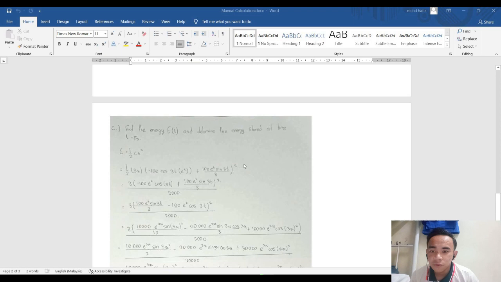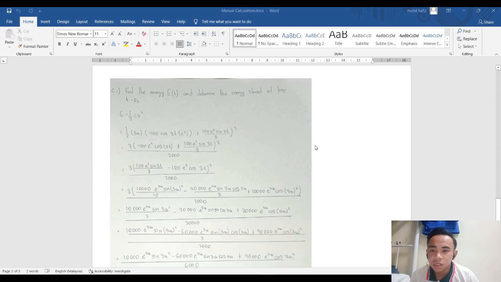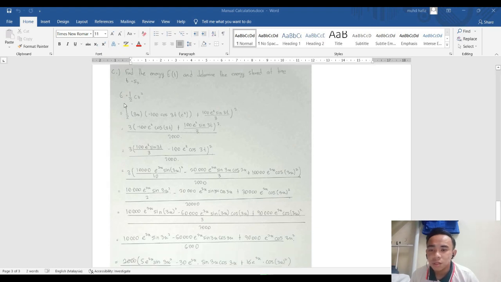And then for question 2c, we need to find the energy and determine the energy stored at time 5 seconds. So we use the formula E equals 1 over 2 C V squared.